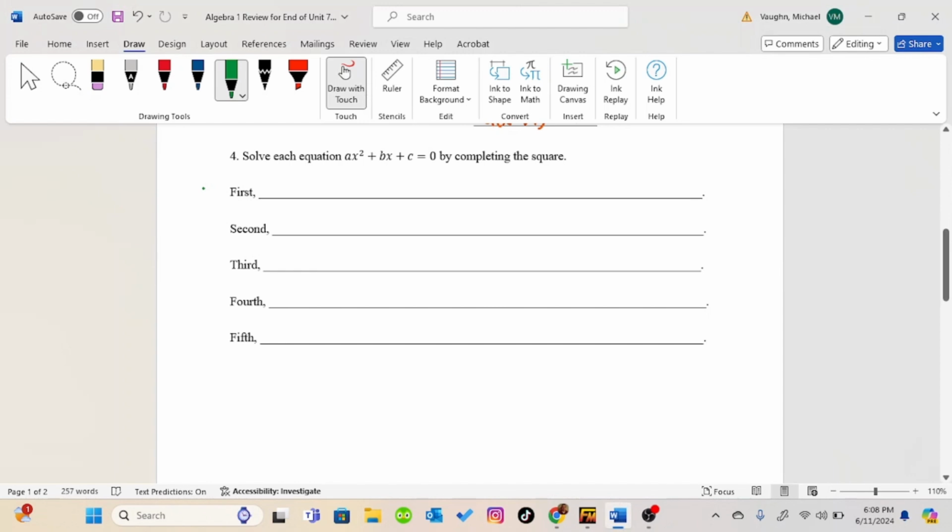Number 4, solve each equation in standard form by completing the square. First, move c to the other side.